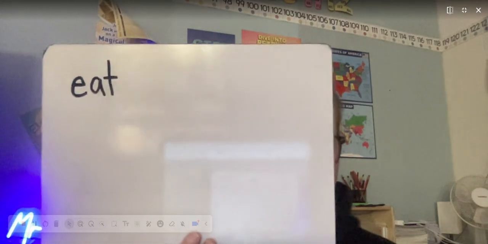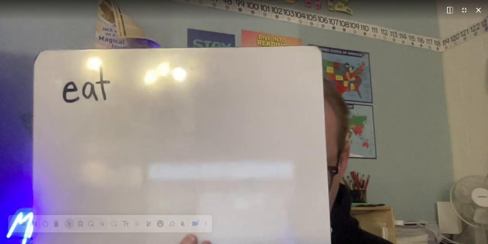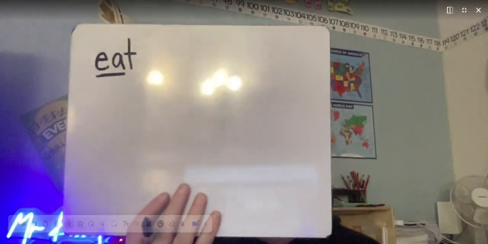Okay, now it's your turn. Spell these words with me. The first word I would like you to spell is going to be eat. Let's eat the food. Eat. That's spelled with that EA, E-A-T, eat. Go ahead and underline that E sound for me.